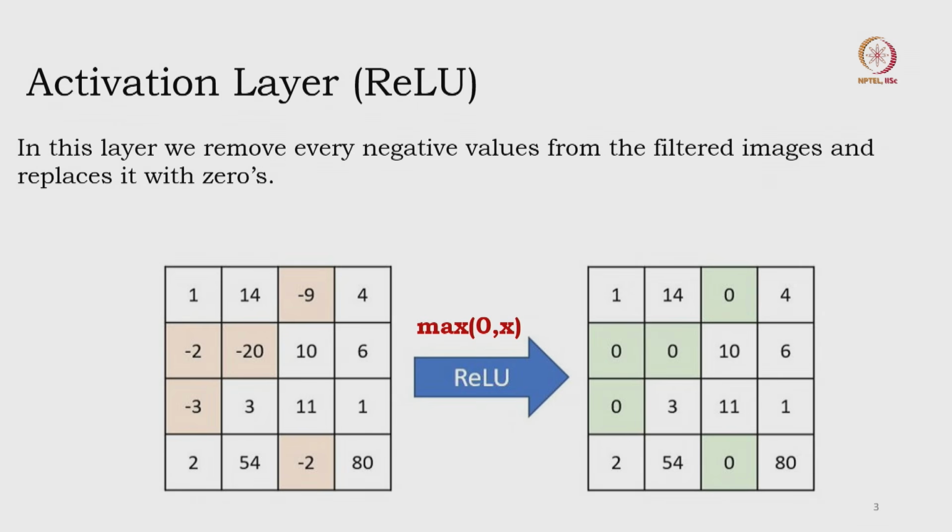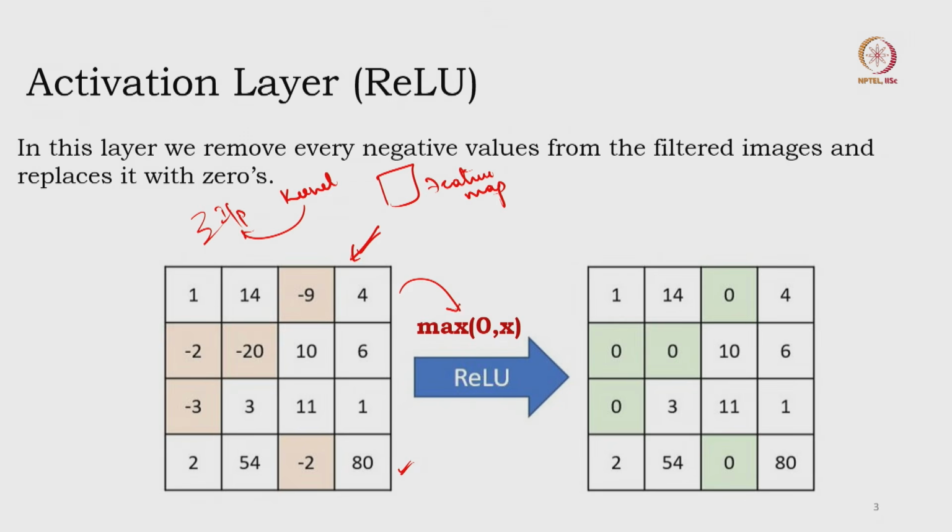For example, this is the output of the convolution layer. We take an input, the kernel is passed through the entire image, and we get the feature map. Let us assume the feature map is what we see here.